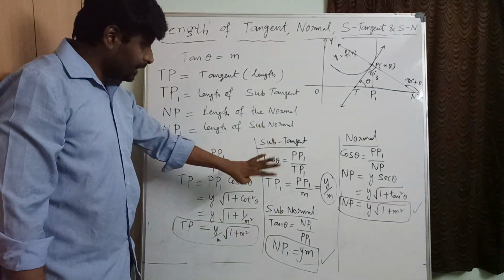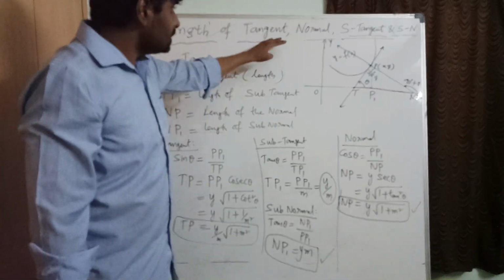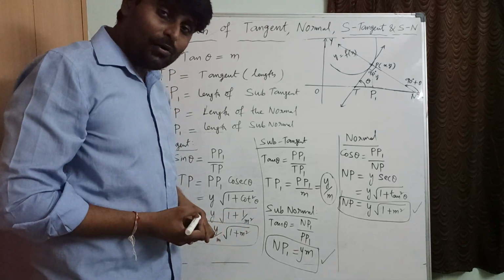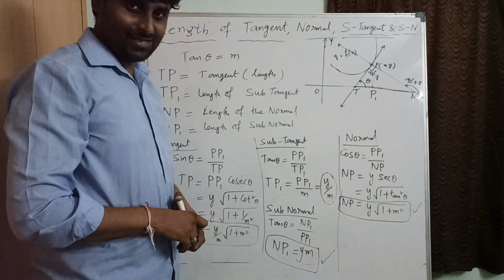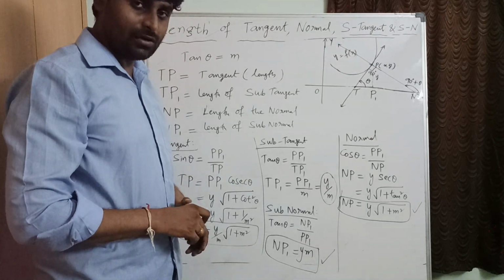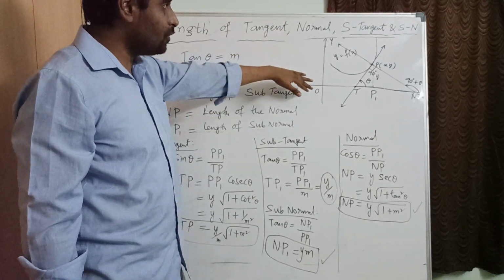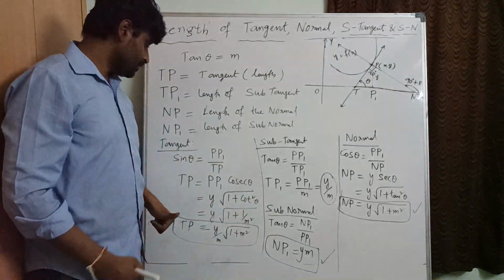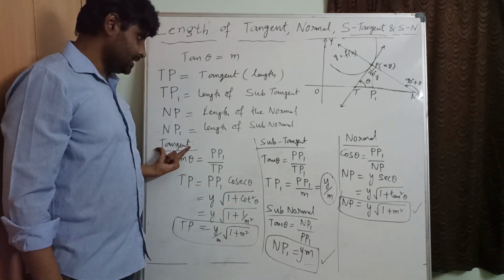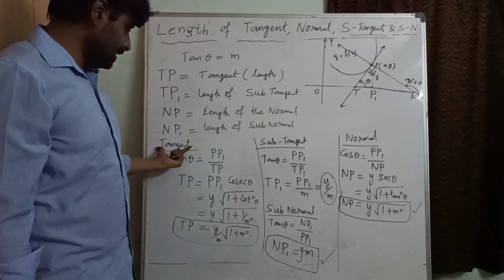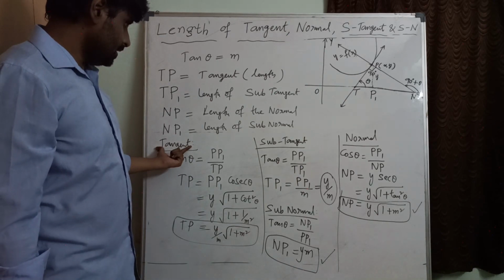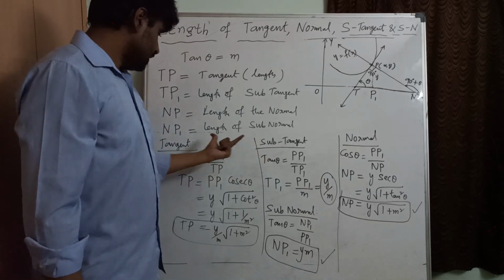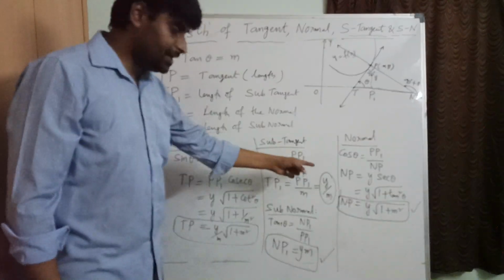So finally we have proved the lengths of tangent, normal, subtangent and subnormal. Now let us see how we can remember these formulas, to apply them in solving problems. Tangent length and subtangent length are both in fraction.